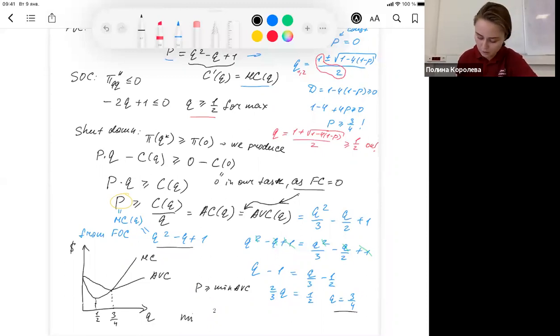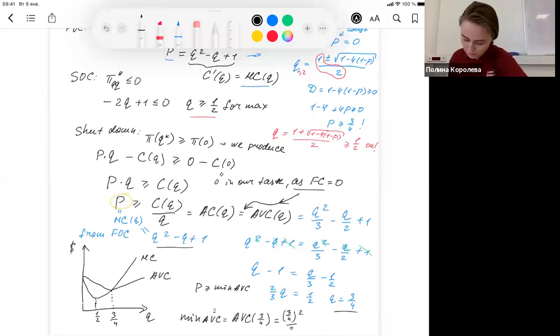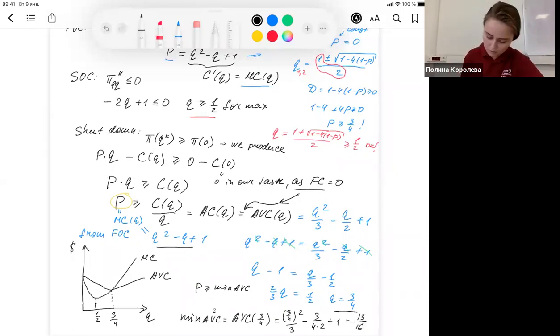So minimum of average variable costs equals average variable costs at 3 over 4. Yes, put 3 over 4: (3/4) squared over 3 minus 3 over 4 multiplied by 2 plus 1. And this is equal to 13 over 16. So here on our graph, the minimal price will be 13 over 16.